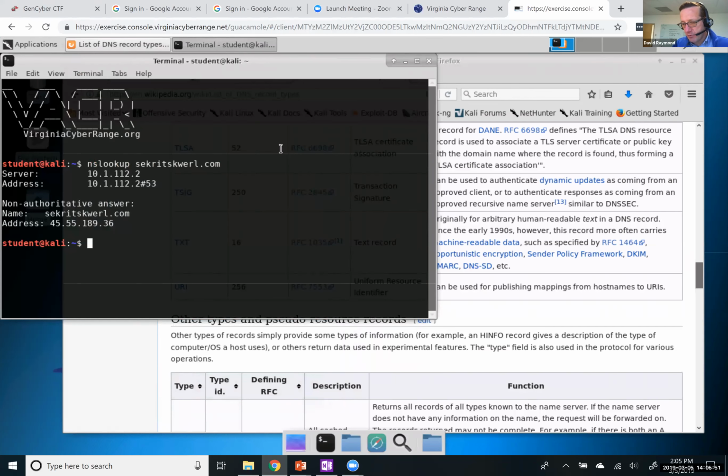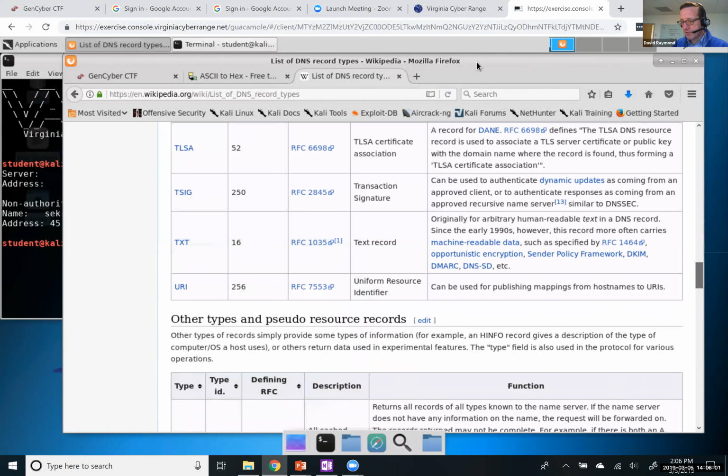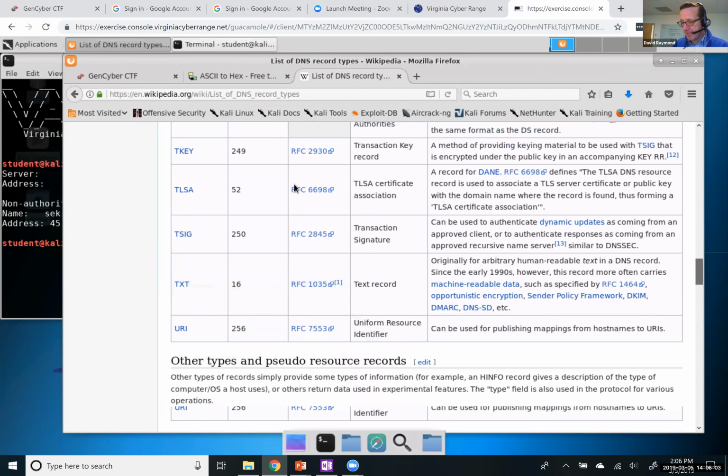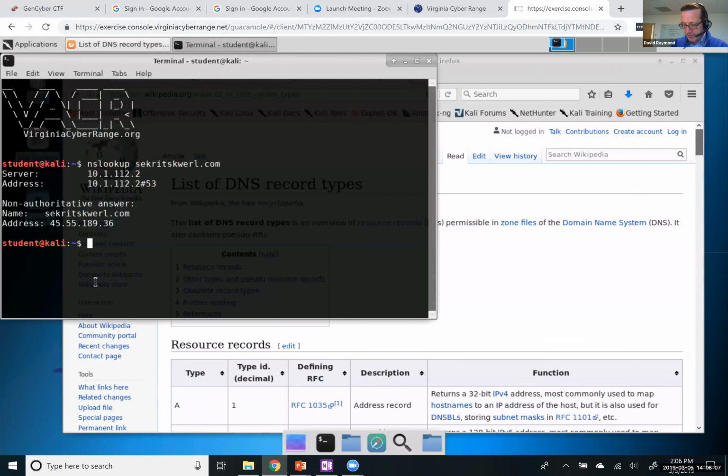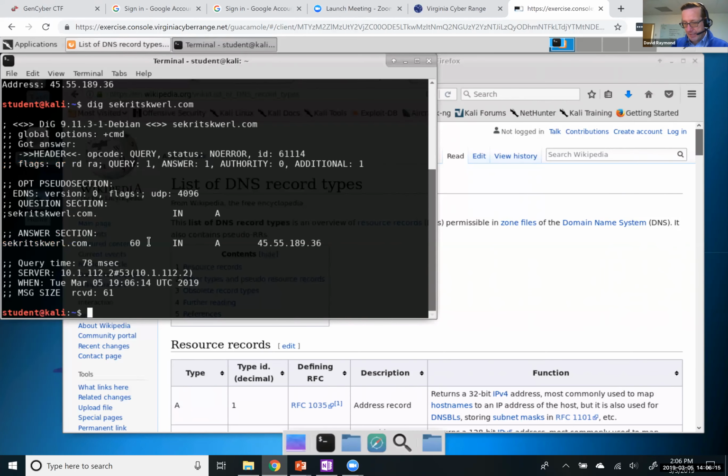There are a couple of different tools for doing these lookups. nslookup is one tool for looking up DNS information. Another one is called dig. If I go over here and say dig secretsquirrel.com, I get more information.